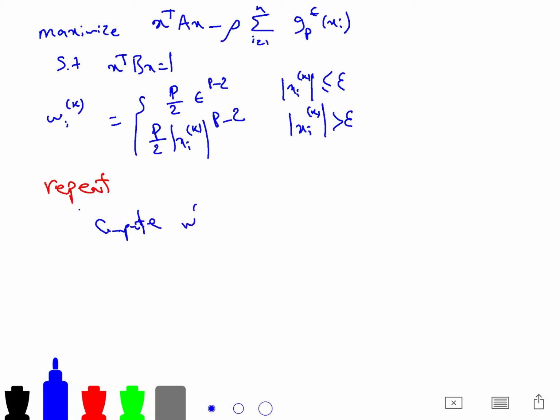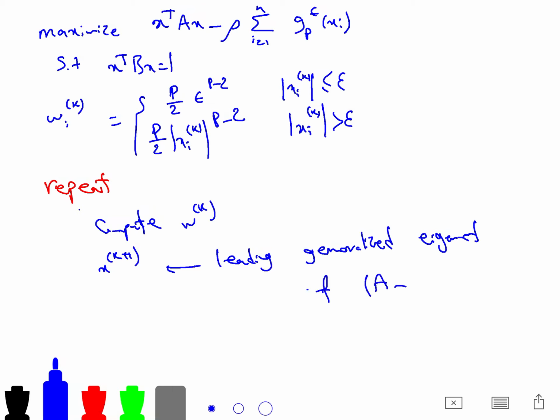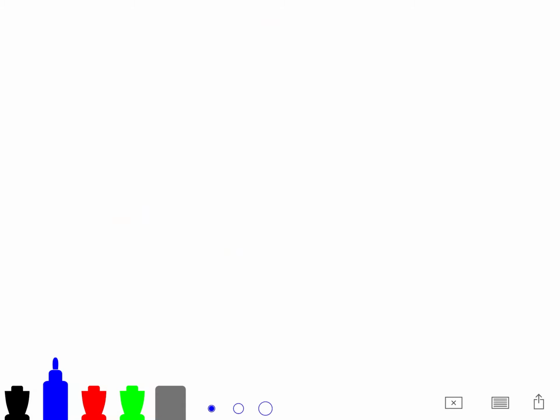We first compute W^k, and x^(k+1) is equal to the leading generalized eigenvector of the matrix pair A minus rho diagonal W^k and B. But I tell you, the drawback is that matrix factorization is expensive.